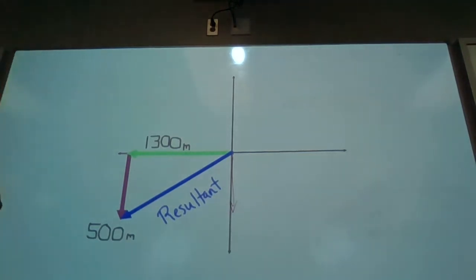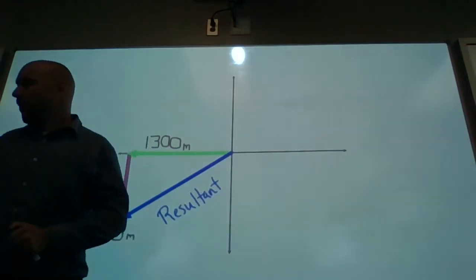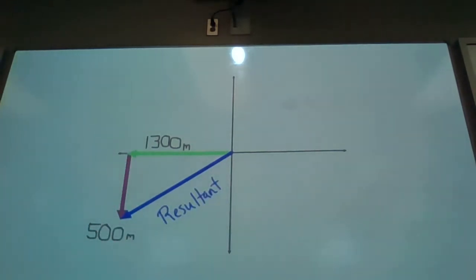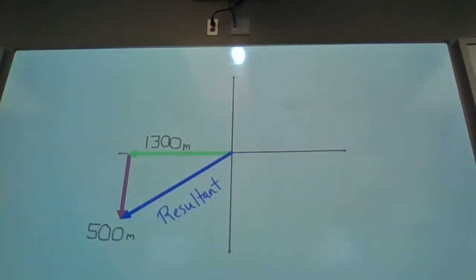How would I find a numeric value for that resultant? How would I find the length of this side? It's like a softball. It's like, Andrew, Pythagorean theorem.